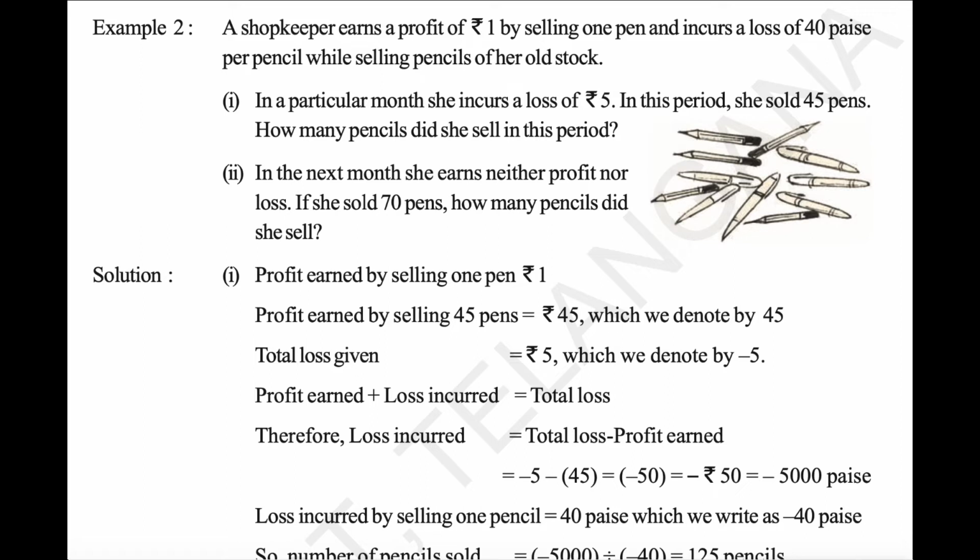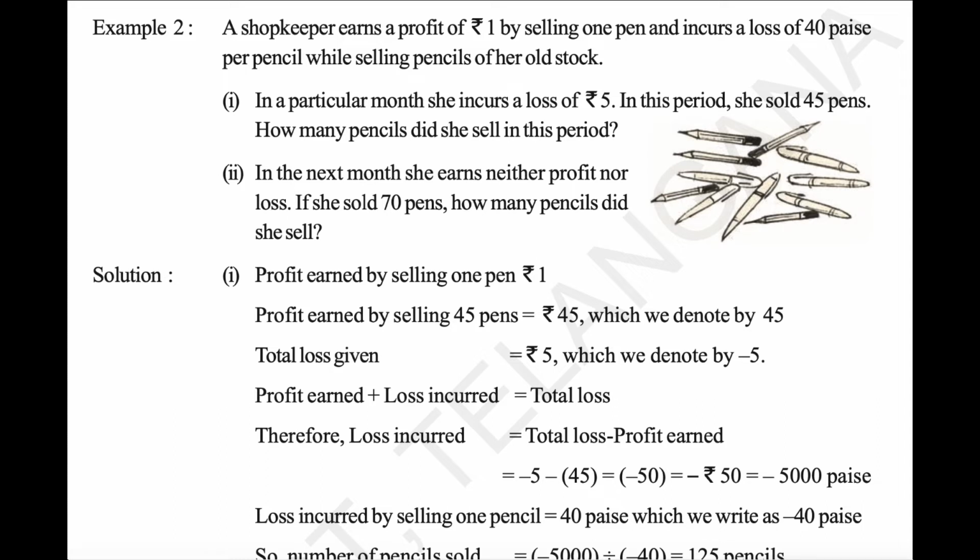Okay, if she sold 45 pens, she might have got a profit of 45 rupees. Now what about the loss? Loss is 5 rupees. Okay. Then the total loss he must have got by selling pencils is nothing but 45 plus 5, altogether 50 rupees.